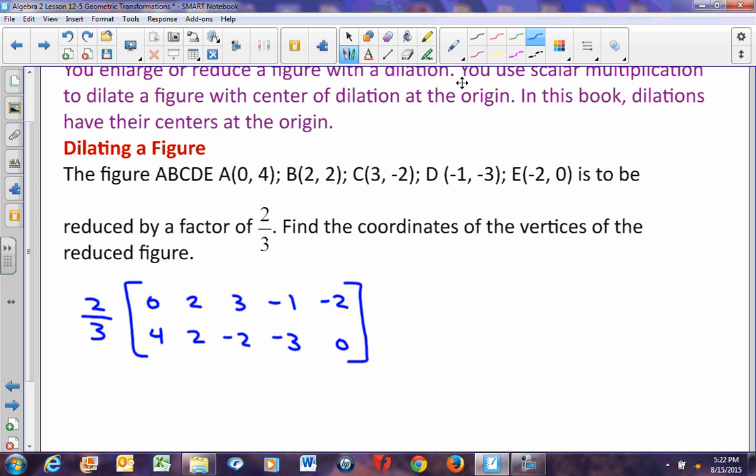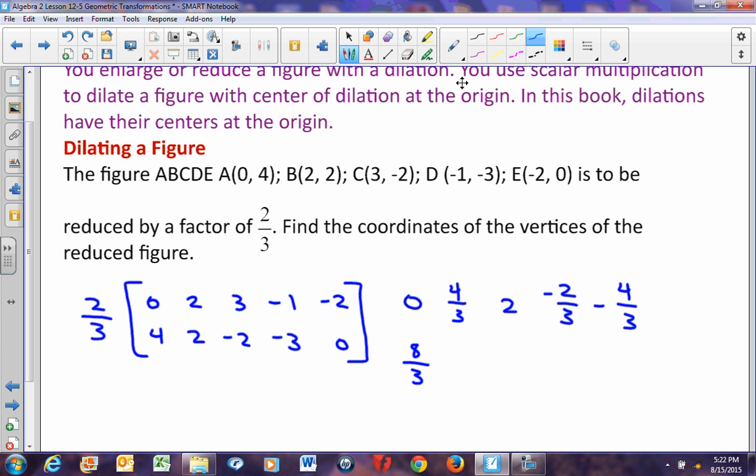I'll do 2/3 of that matrix, which gives me 0, 4/3, 2, -2/3, -4/3 as my first row. And the second row, 2/3 of 4, that's 8/3.